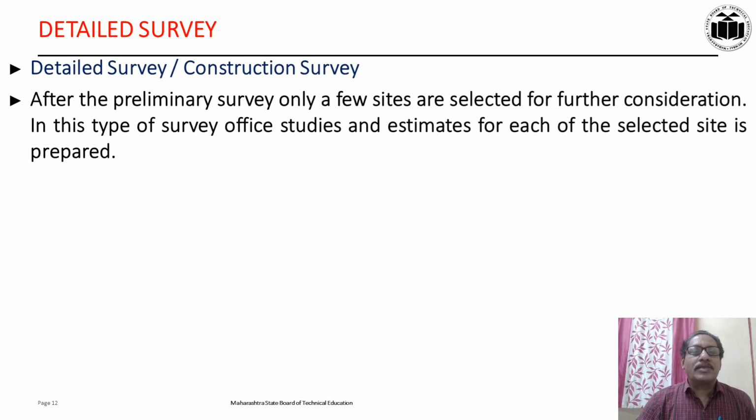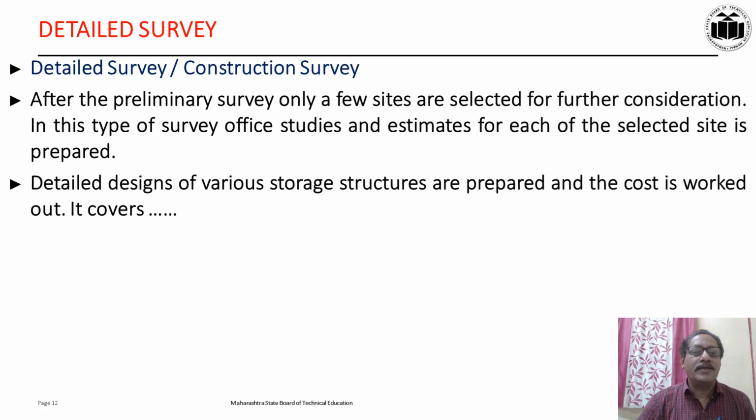Detailed survey. After the preliminary survey is over, a few sites are selected for further consideration. In this type of survey, office work is carried out, that is, office studies and estimates for each of the selected sites are prepared. Detailed designs of various storage structures are prepared and the cost is worked out.